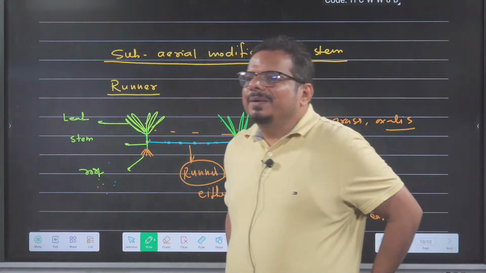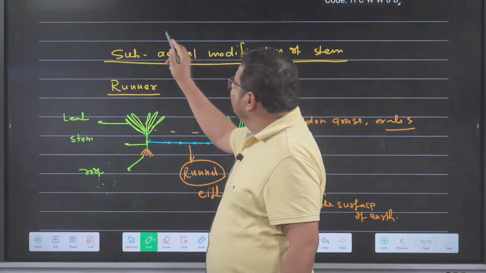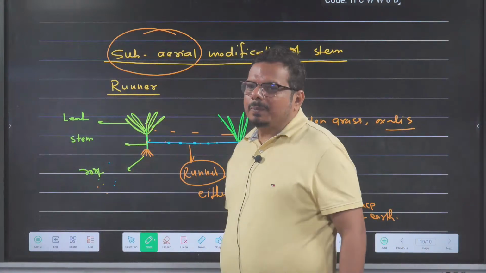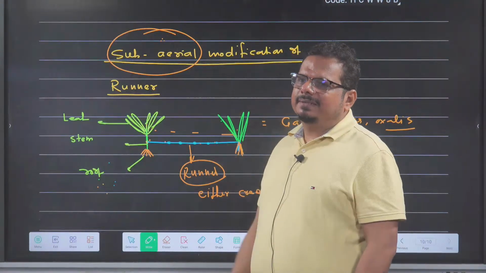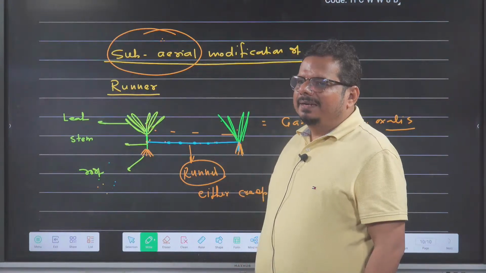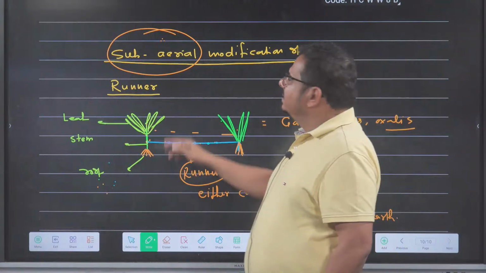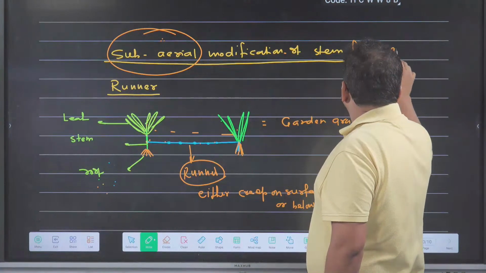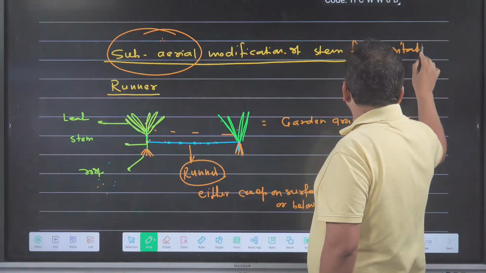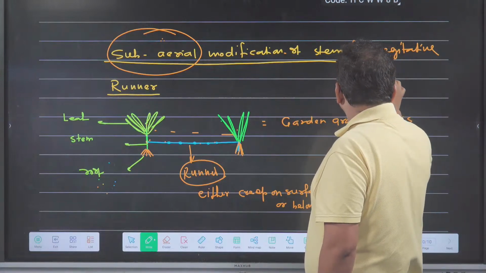We are reading it under subaerial modification. In the lab manual, NCERT wrote subaerial modification of a stem for vegetative propagation. In the lab manual, this word is written.